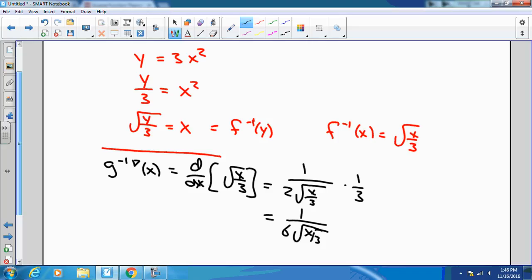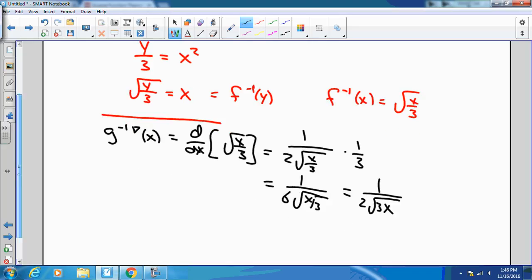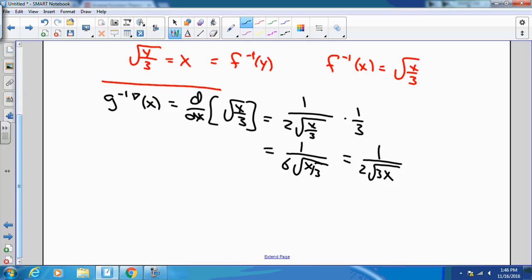And so I get this, or something algebraically equivalent to that. This could also be simplified to 1 over 2 root 3x if you wanted to. So that was simply finding g prime of x, g inverse prime of x, because I know the formula for g inverse, and then you can differentiate it like any other.